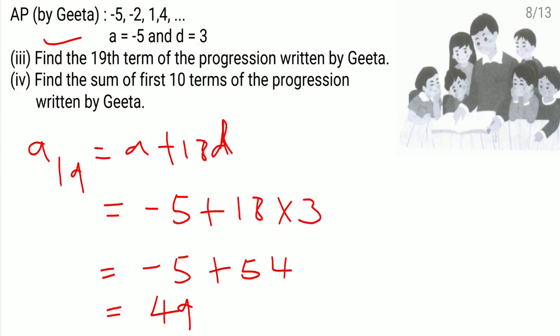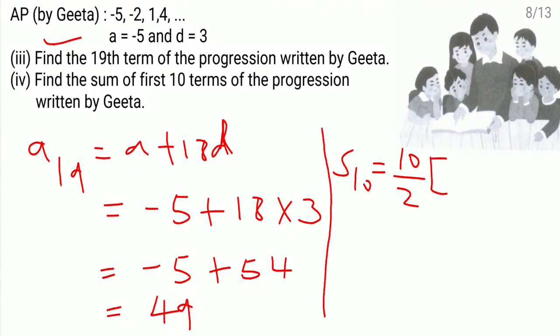Now find the sum of the first 10 terms of the progression. That means S10 I need to find out. So let me just write down here only S10. So here 10 by 2 in the bracket 2A. Value of A is given -5. So it is -10 plus 9D. 9 and value of D is 3.